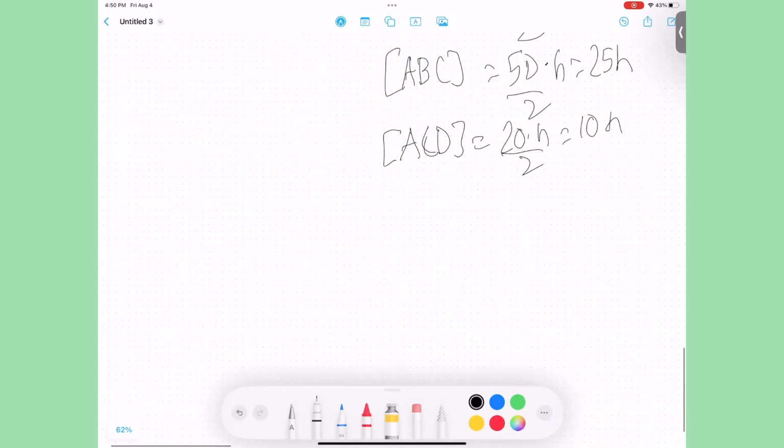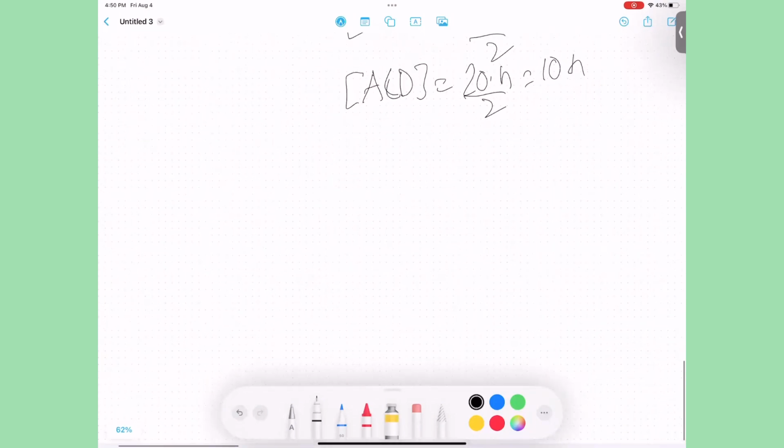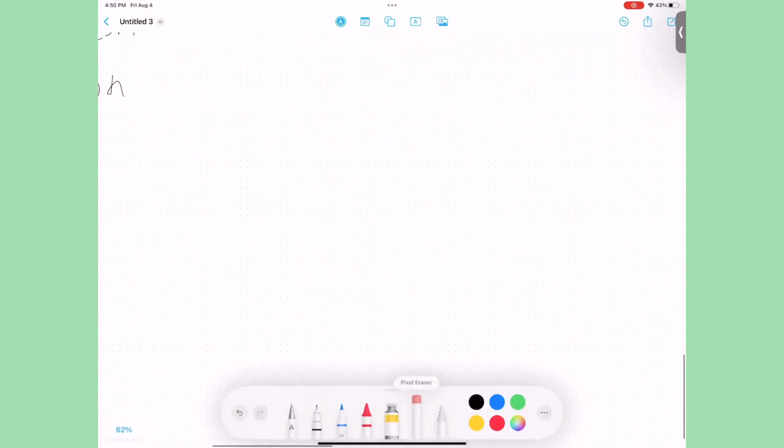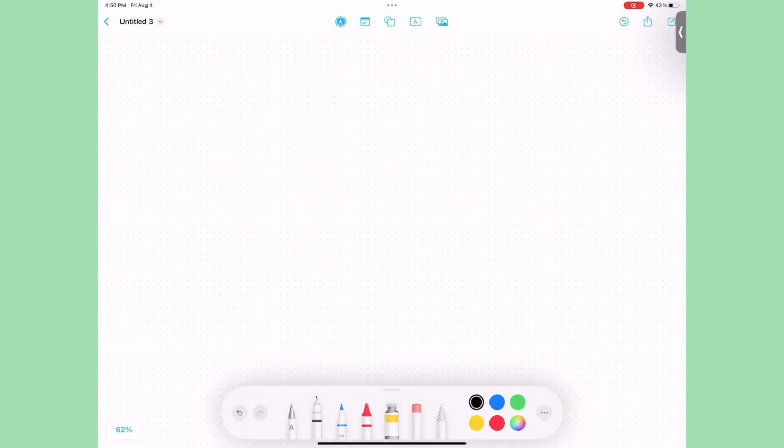Now we'll go over one more example which demonstrates same base. Okay, so same base, let me think. Same base, if we have a triangle like this, right?